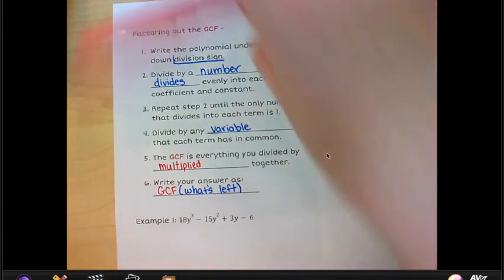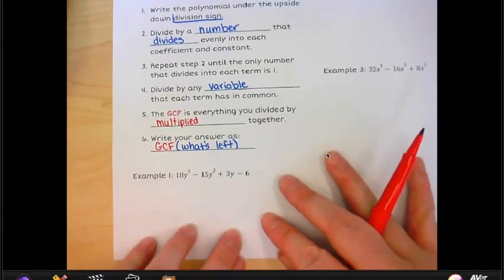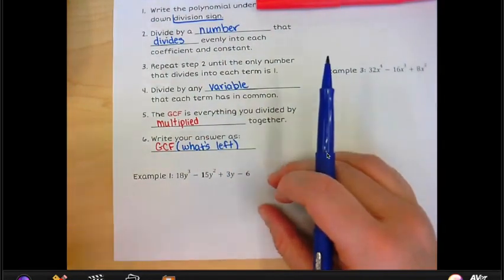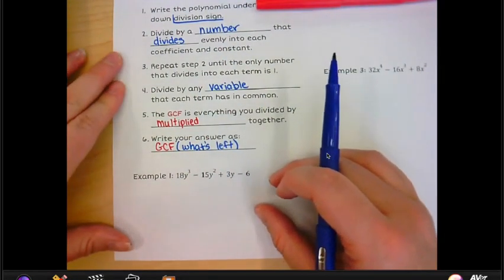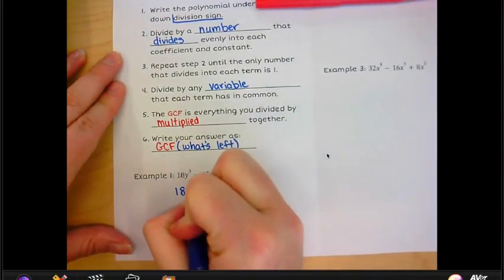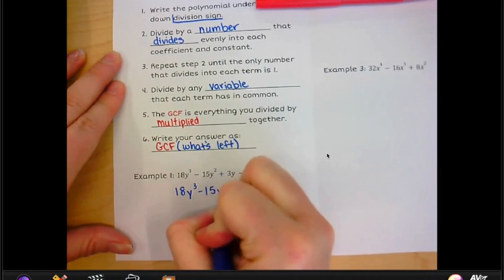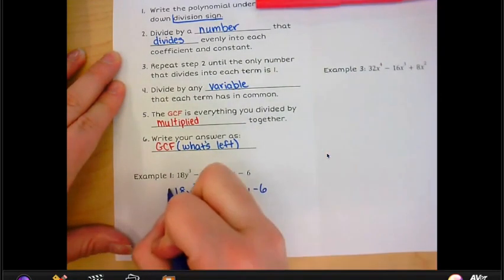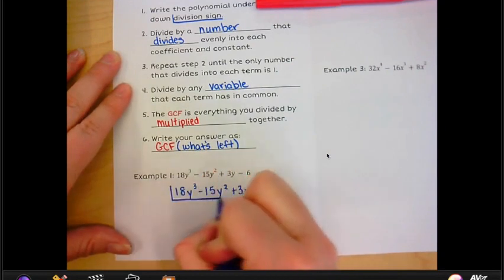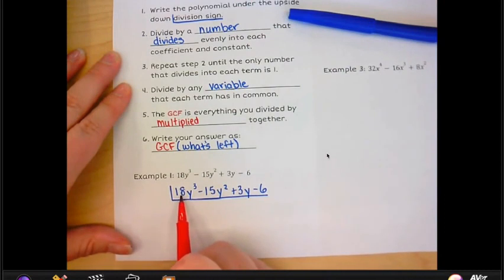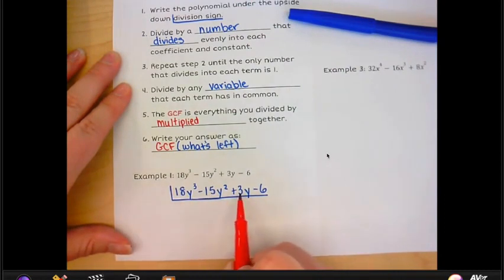Let's look at this first example here. I'm going to rewrite it just so I have a little bit more space. We have 18y cubed minus 15y squared plus 3y minus 6. So putting in my upside down division sign and then thinking, what number can I divide 18, negative 15, 3, and negative 6 by?